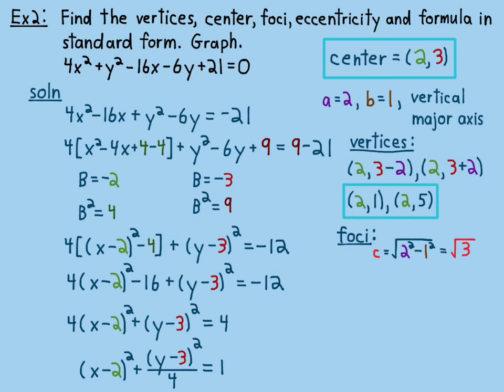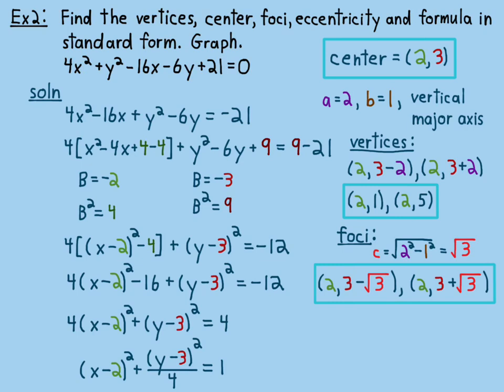So c is the distance from the center to the foci, and the foci are in the same direction as the vertices. They're along the major axis. So it's vertical. So you have to add and subtract square root of 3 from the y coordinate of the center. So when I do that, I get 2 comma 3 minus square root of 3 and 2 comma 3 plus square root of 3. And those are the foci.